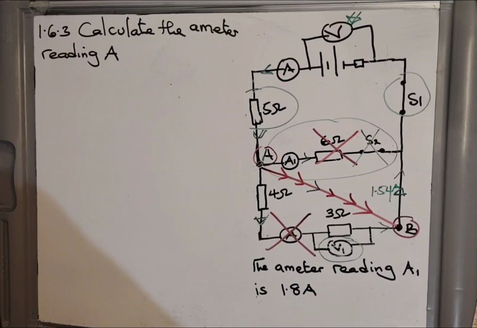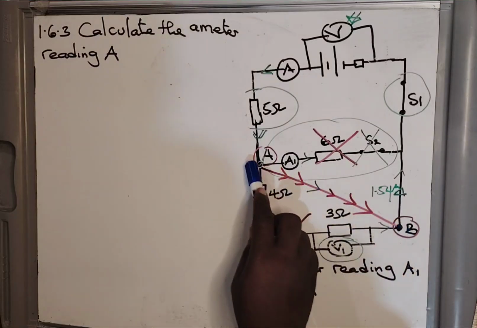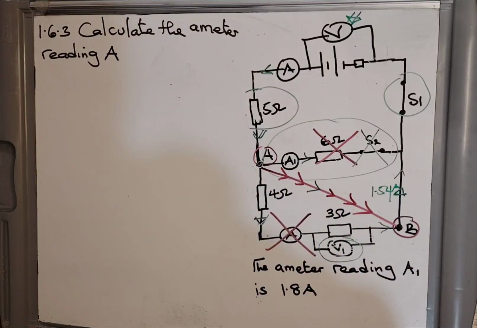Then comes this question, under this circumstance, it says, calculate the ammeter reading A. Calculating the ammeter reading A when this wire is in place. So what do we do here? You have to check which approach you are going to use. Okay, if we use Ohm's law directly, we need terminal voltage. We don't have it.